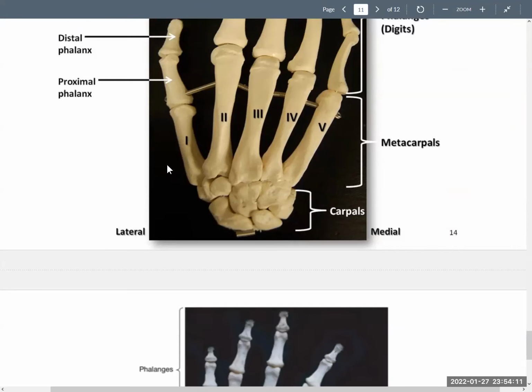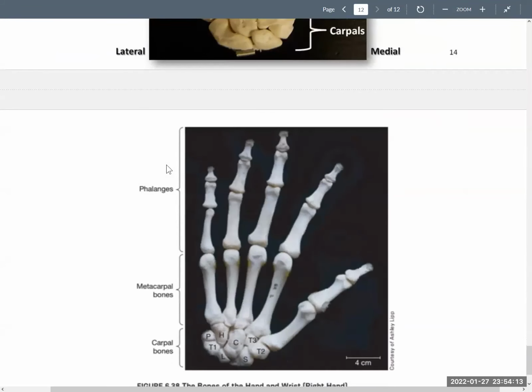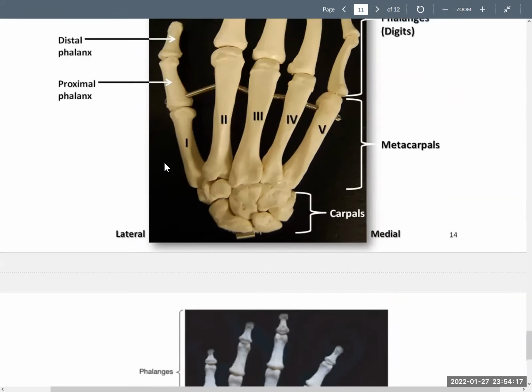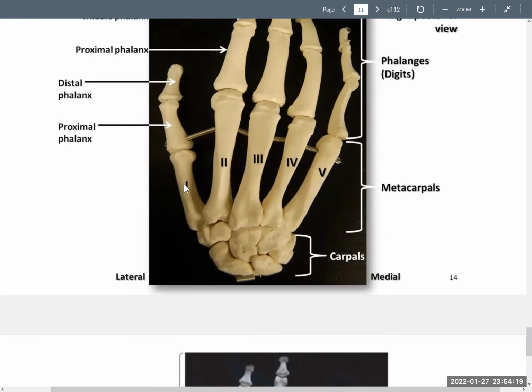Here's how you can do these. I'll show you in 2 different ways. Start at metacarpal 1. Come down, and the single bone that it touches is the trapezium.